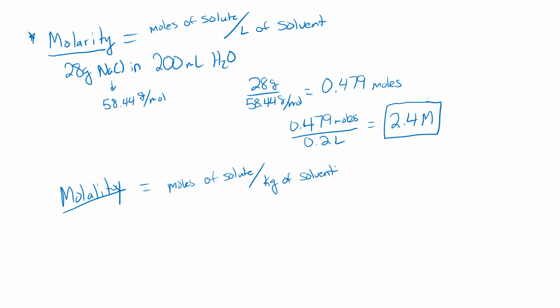All right, so this is worthwhile if you're using a solvent other than water, right? If you're using water, then the kilograms and the liters are going to be the same. So for most aqueous solutions, anything in water, your molarity and your molality are going to be very similar because liters and kilograms are more or less interchangeable. But if we have a different density of our solvent, then molality might be different.